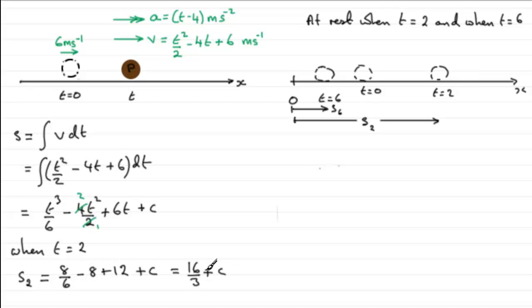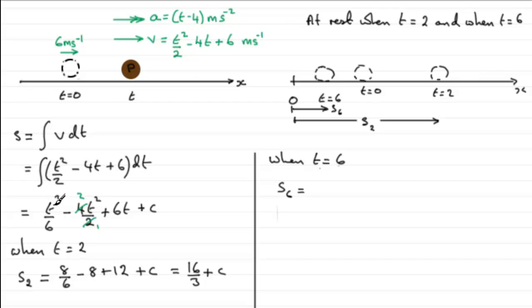Now we need to work out what the displacement is when t equals 6, S6 in other words. So we can say that when t equals 6, S6 equals, and just substitute 6 in here.